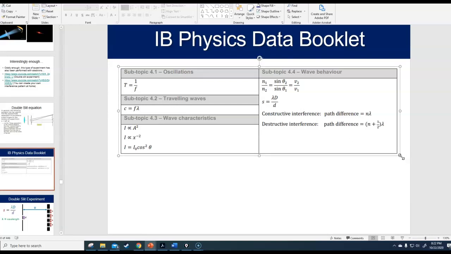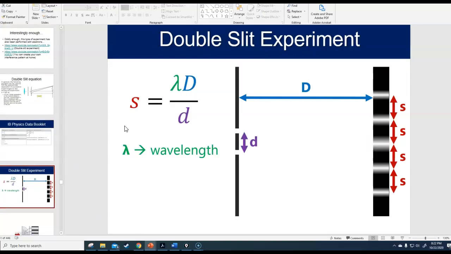Remember, capital D is the horizontal distance between the two slits and the screen. Lowercase d is the distance between the two slits themselves. And just to give you a visualization, take a look at this picture and you can kind of see what each thing represents.